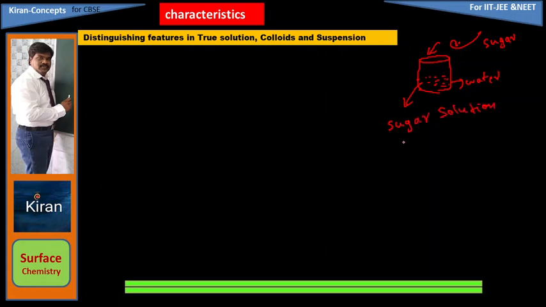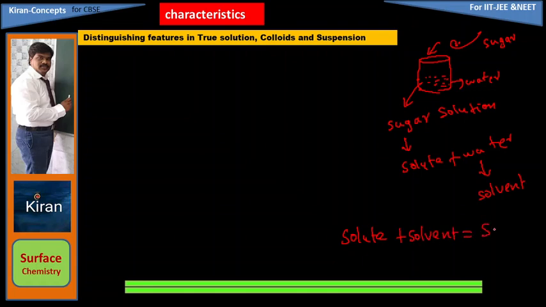In the sugar solution, sugar is considered as solute and water is considered as solvent. So solute plus solvent is equal to solution. In this case, solute is the smaller portion and solvent is the larger portion.